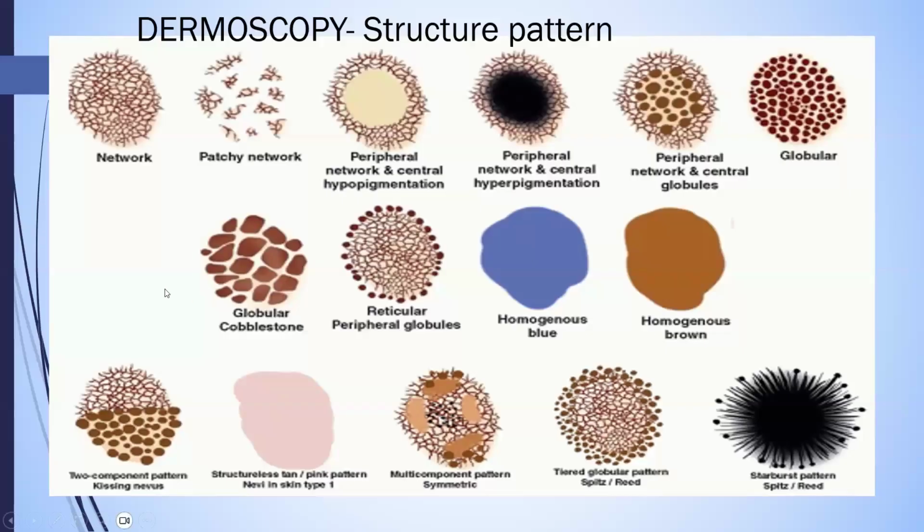As I told you, in dermoscopy there are all these patterns: network pattern, whether the network is simply patchy, whether the network is only in the periphery, whether in the periphery it has a central hyperpigmentation or central globules, or only globules, or globules that are very big like cobblestones. This is a very, very vast topic, and I put it as simply as possible for you.